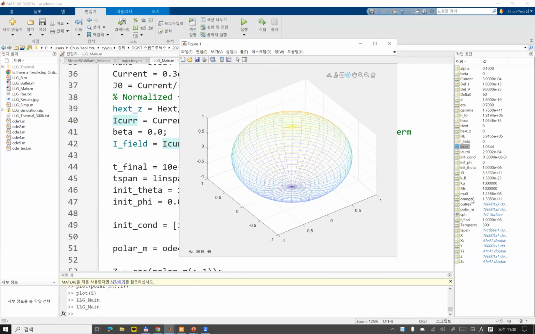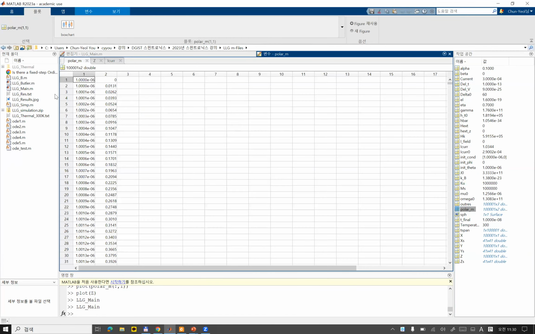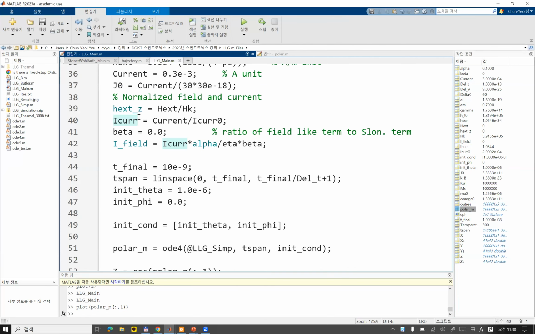But if you take a look at the data, this column represents the polar angle theta. They start from 0 and increase exponentially. But for 10 nanoseconds, the magnitude is still 10 to the minus 4 something. It's far away from switching, but it is starting to switch.